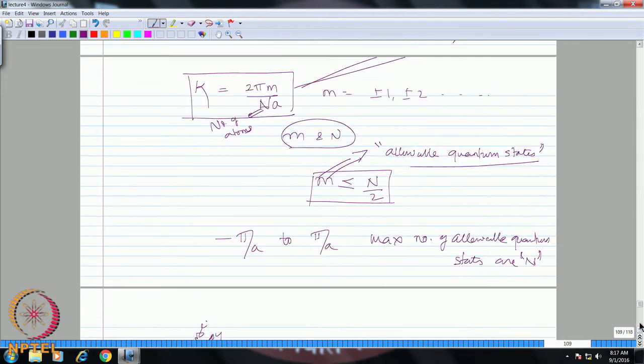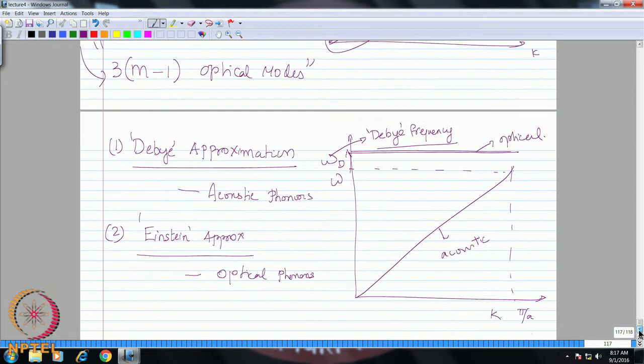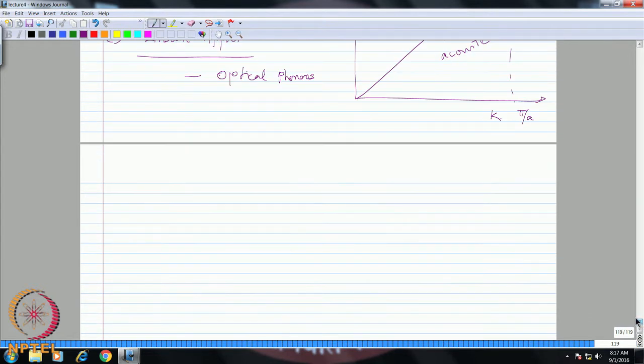Therefore, for small values of kappa, now the Debye approximation. In this case your omega will be square root of spring constant by mass times what?